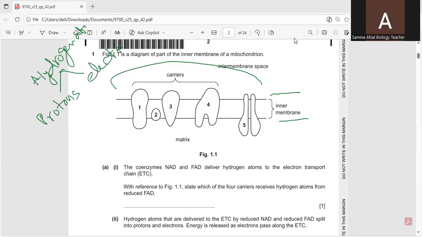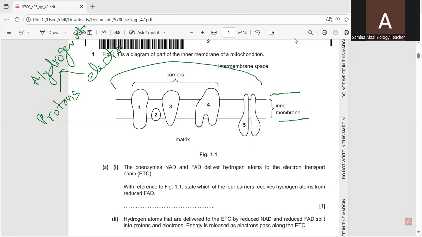So during this process, reduced FAD and reduced NAD deliver their hydrogen atoms, electrons and protons, to a specific carrier in the electron transport chain.